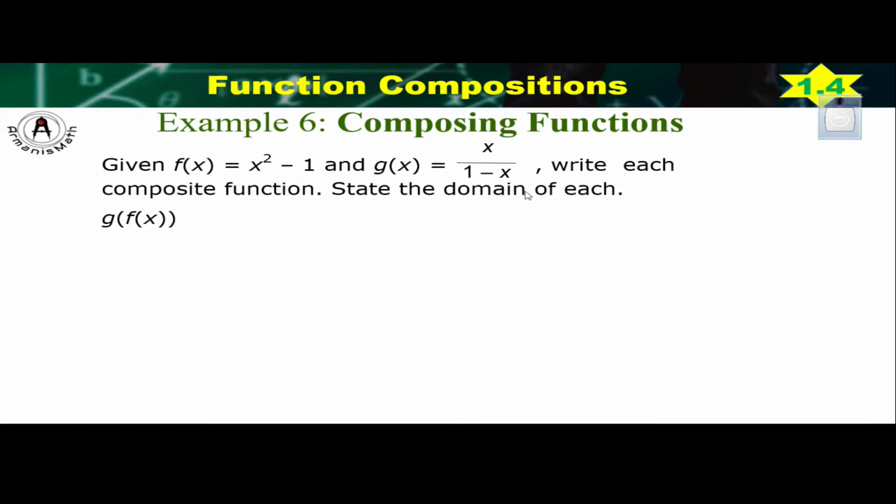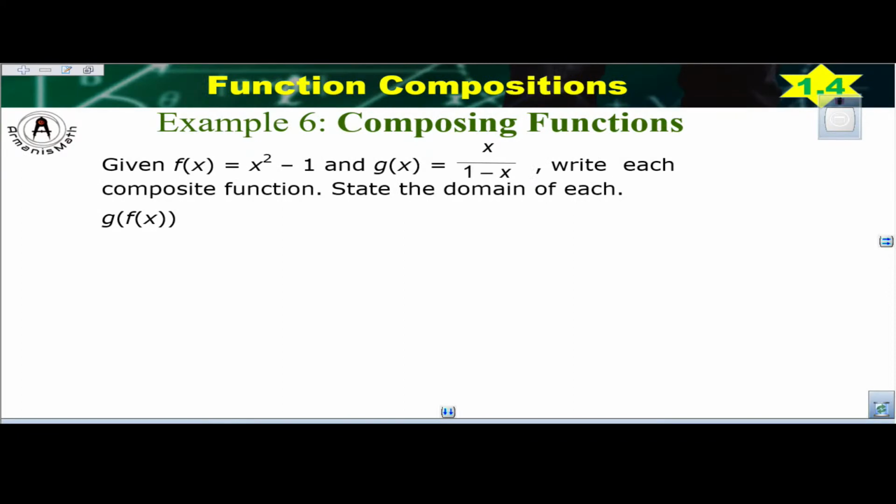Anyways, what they wanted us to do here is to take the f of x, not f of 2, not f of 3, f of x itself, and put that into the g function. So once again, the pictogram that I showed you initially: the g of x is the bigger item, and inside of it you actually put f of x. And this time you're not going to put a number for x. You're actually going to put f of x by itself.